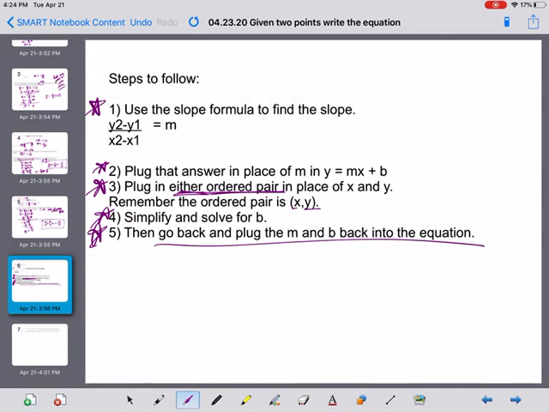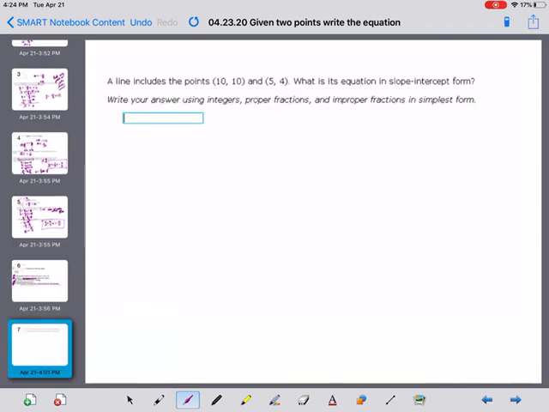So following those steps, let's do this last problem. And this is taken right from IXL, one of the higher levels in your IXL assignment. You are going to figure out the equation in slope-intercept form. You can pause, try it, then check. Please do that. That's important.